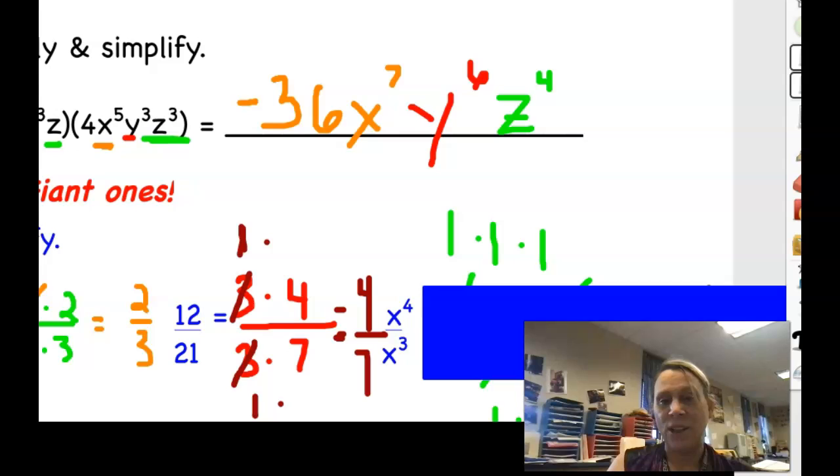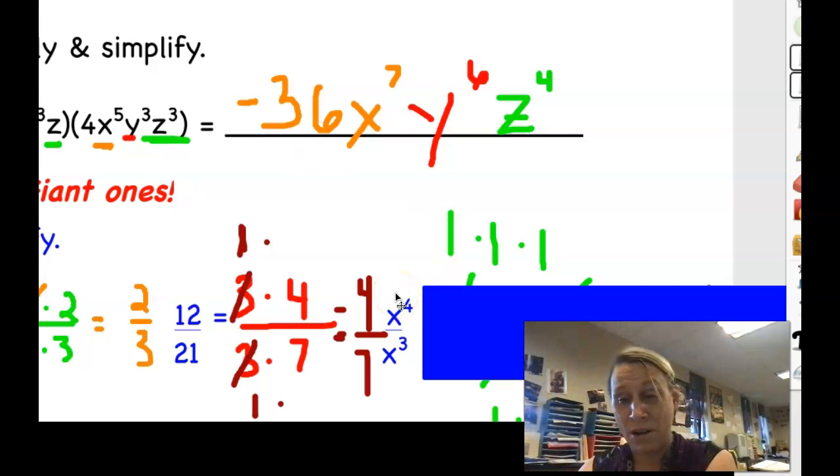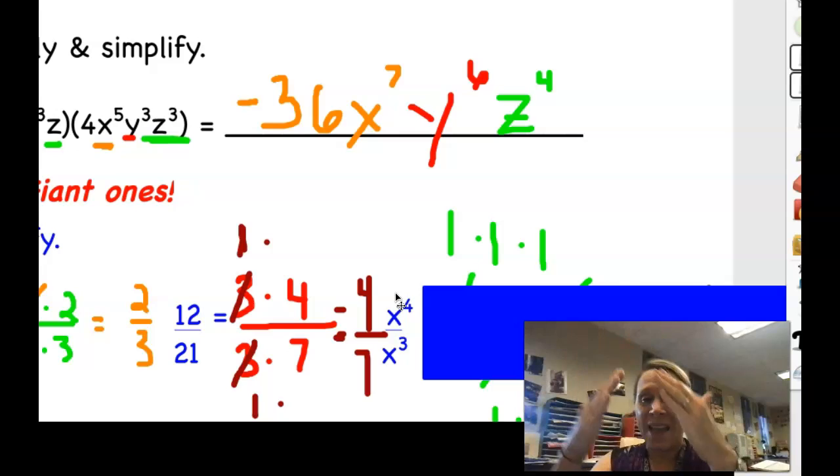And now for the next one, we have to think about, well, what if I have x to the 4th power divided by x to the cube power? It is some number, the same number, taken to the 4th power in the numerator, and the same thing as the numerator taken to the 3rd power in the denominator.